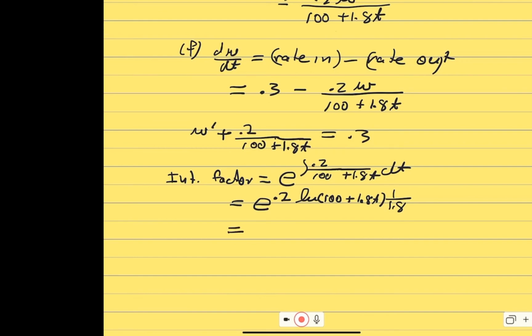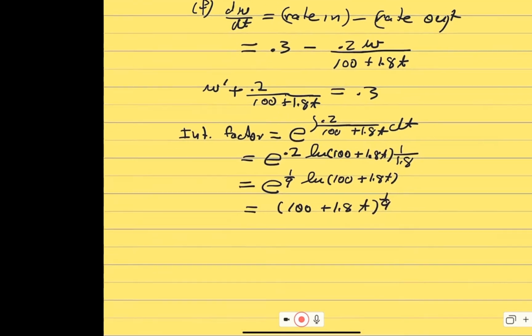This turns out to be what? e to the 0.2 over 1.8, which is just 1/9, times the natural log of 100 plus 1.8 T. And by rules of logarithms, this is just 100 plus 1.8 T to the 1/9 power.